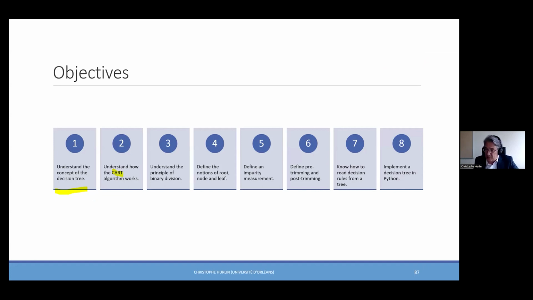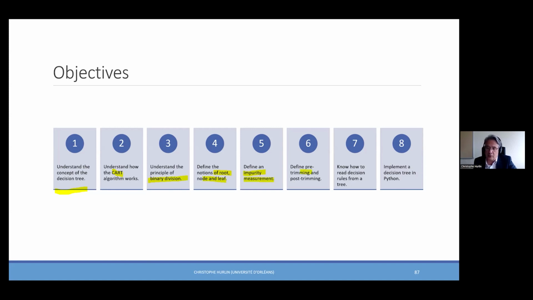In this algorithm, the baseline principle is the principle of the binary division, and we'll understand what a binary division is. So we will introduce some definitions of what we call a root, a node, a leaf. We will also define what we call an impurity measure.